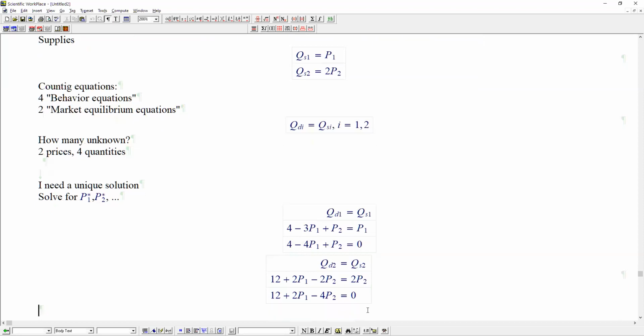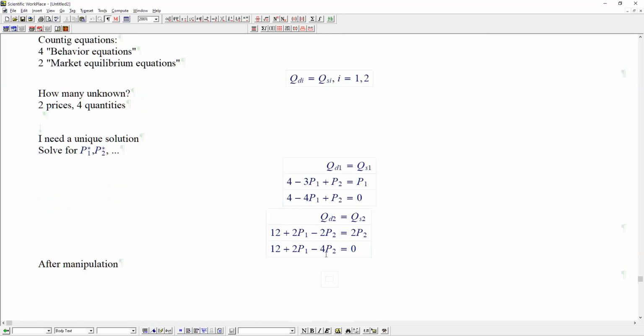What I can do is put P2 on the left side and the rest here. So I get 4P1.